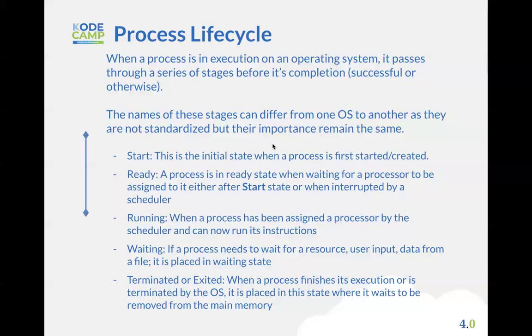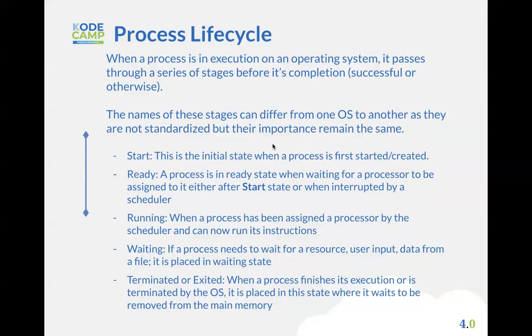When a process has started and is being run by a processor, but it needs to wait for some resource or some data, maybe user input, access to a file, access to a certain device, or an output or input device, instead of the processor waiting for that resource, it puts the process in a wait state and moves on to another process while this process gets what it needs. So that is what we understand by the wait state.